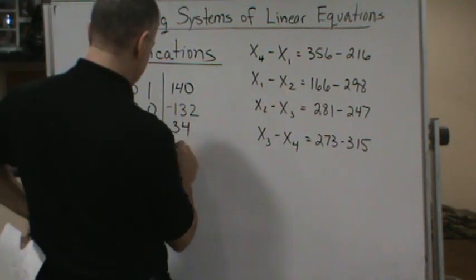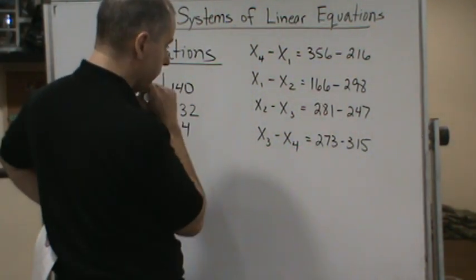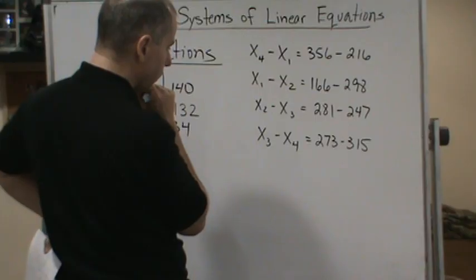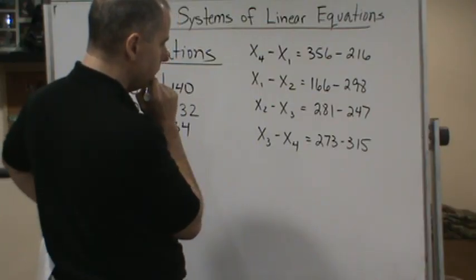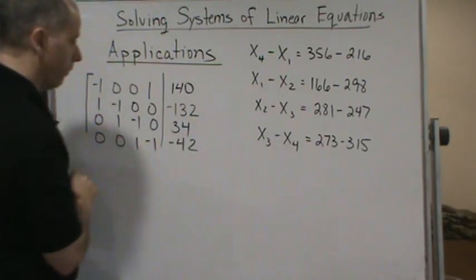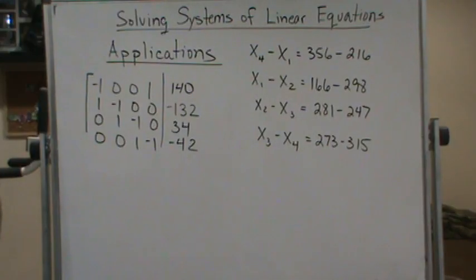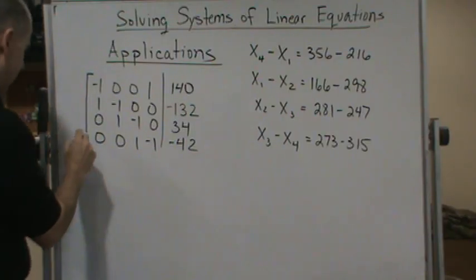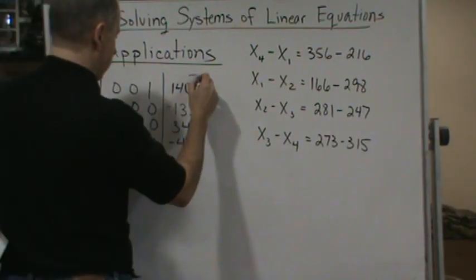And then this is going to give us a negative what? -42. And now we've got our matrix.